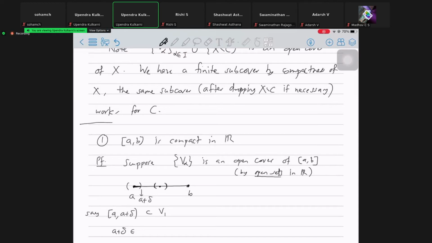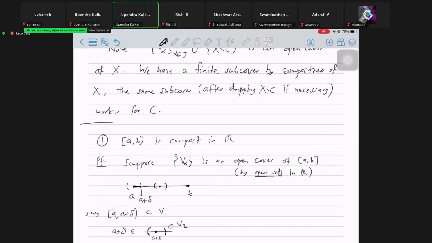So you see now my picture is now small. Here is my A plus delta, and it is contained in something. This part over here is contained in V2. Okay, so now what have I done?